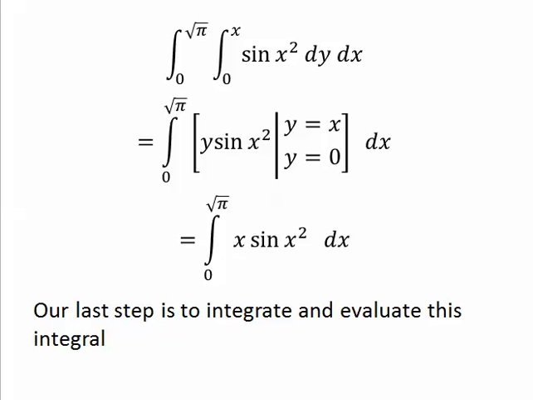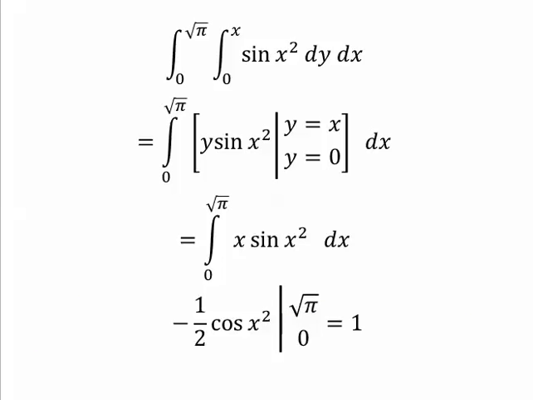If we had done the integral the other way, we would not have this piece to allow us to do a substitution. Our last step is to integrate and evaluate this integral. And because of our order, that's a fairly straightforward process.